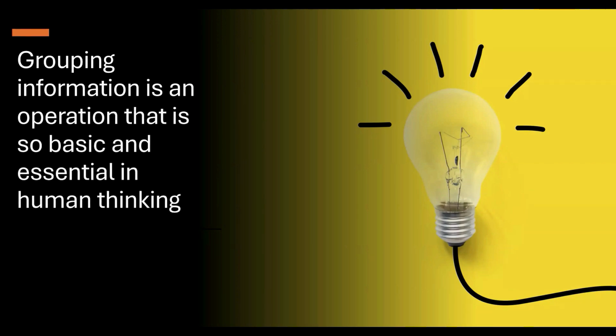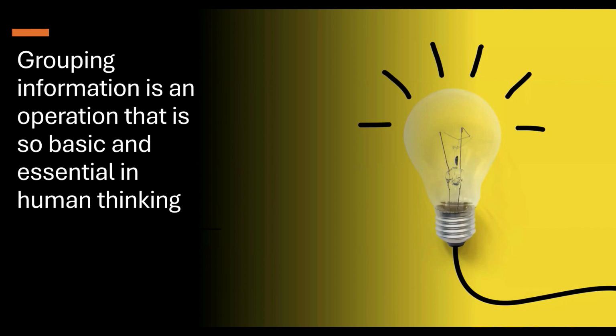So you can see that grouping is an operation that is so basic and so essential. Now, in the world around us, how do we create knowledge about the world around us? Think.